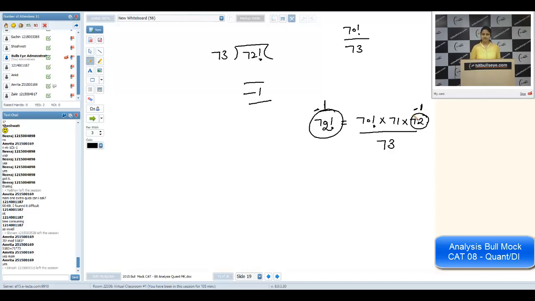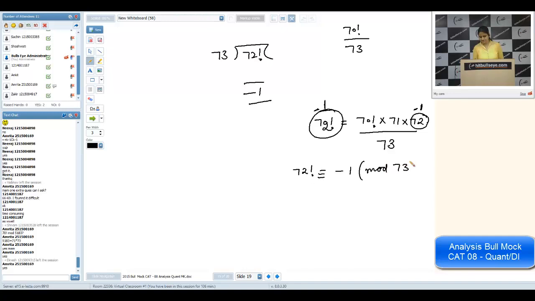Amrita, since you have written modulus there, I think you are pretty comfortable with mod. So I can write 72 factorial is minus 1 mod 73. Now this can be written as 70 factorial into 71 into 72 is equivalent to minus 1 mod 73. Since 72 is minus 1, the minus 1s cancel, so we are left with this.